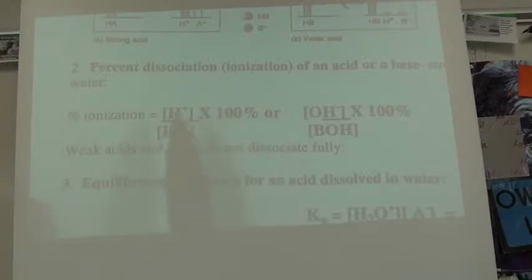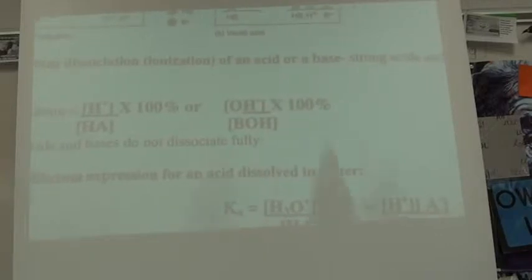Because these are weak, we could do this with the RICE table and determine how much of this is gone, but we don't. This is the starting concentration, and this would be the ending concentration. Okay, here it would be for a weak base.